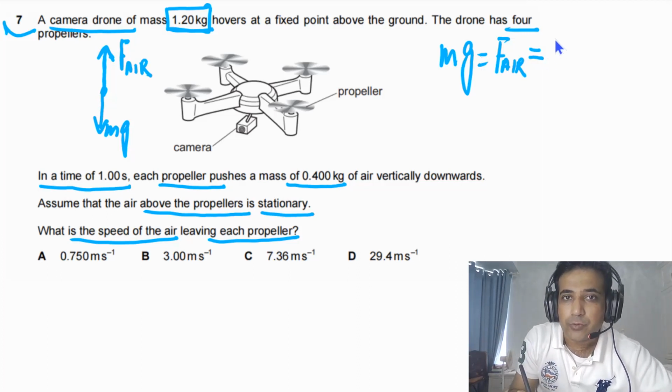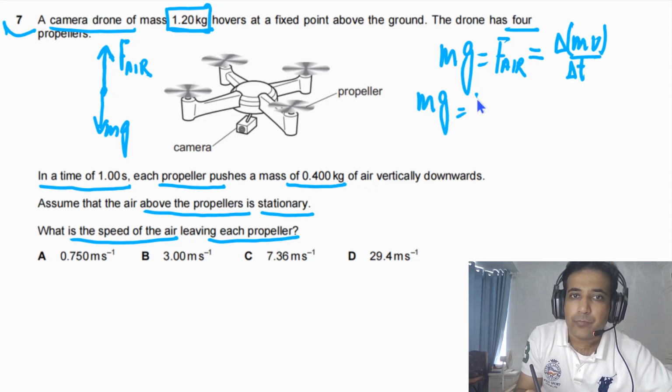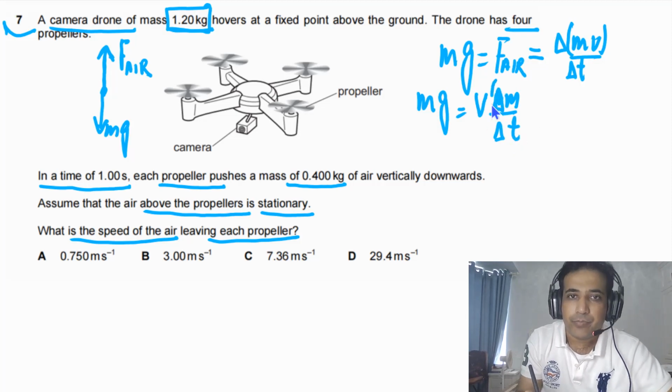So this resultant force will be equal to delta mv over delta t. So we can write down mg equals v times delta m over delta t.